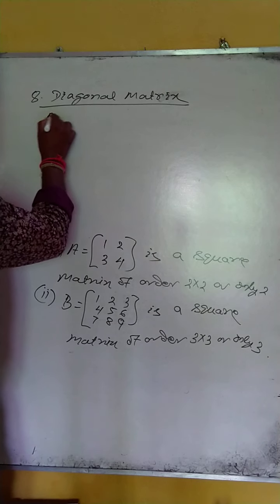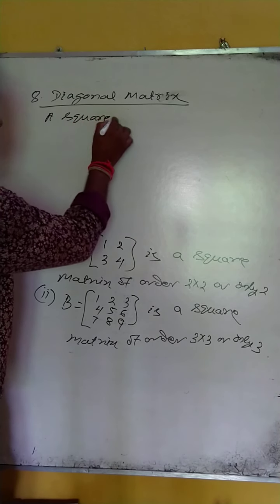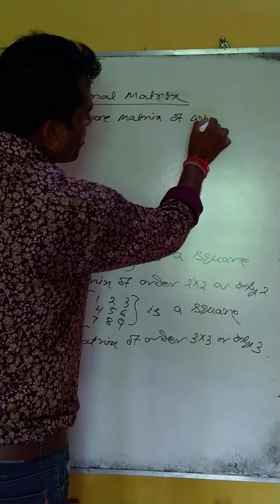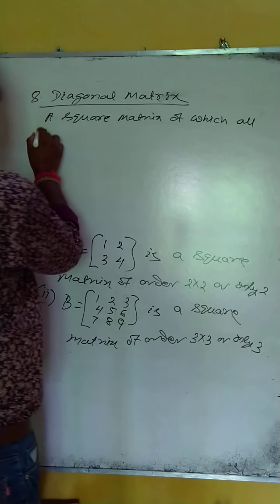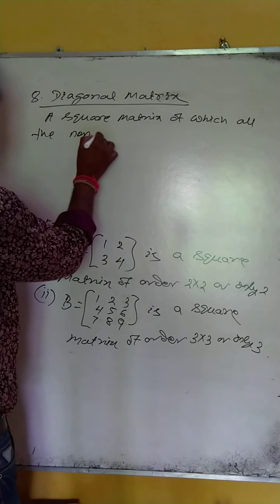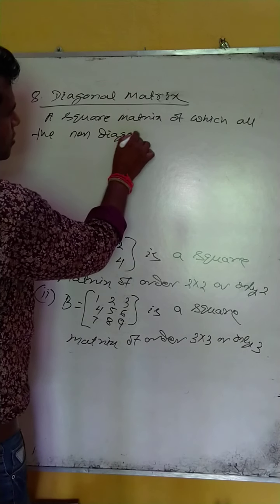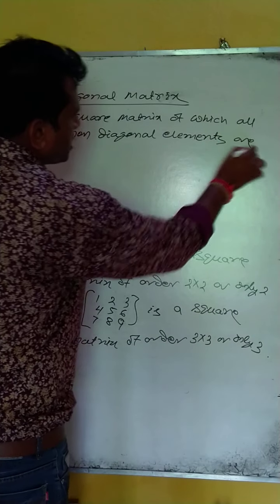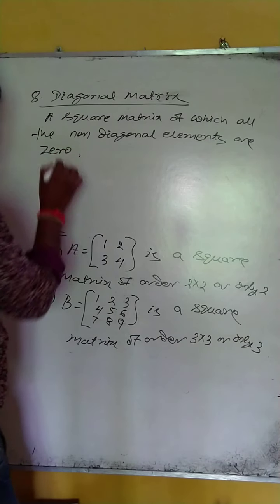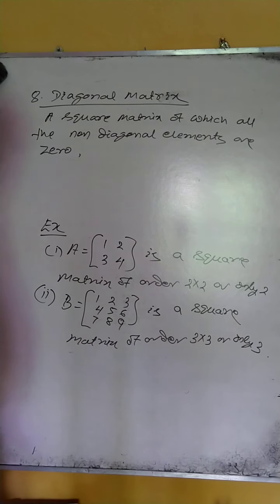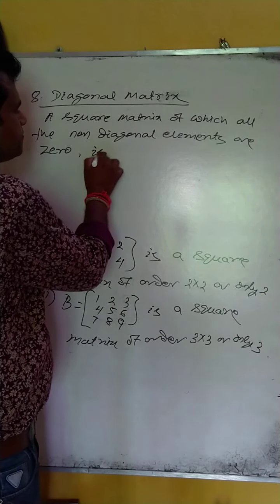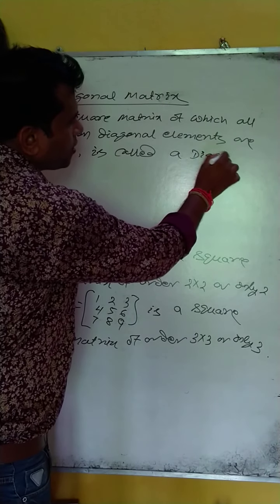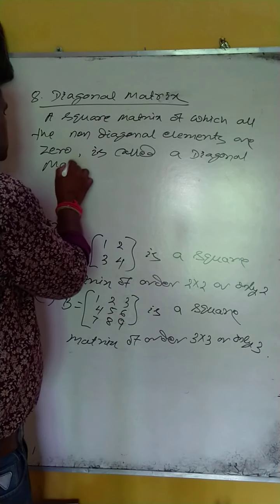A square matrix of which all the non-diagonal elements are 0 is called a diagonal matrix.